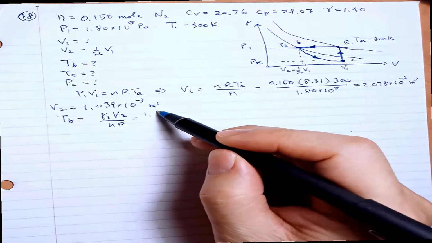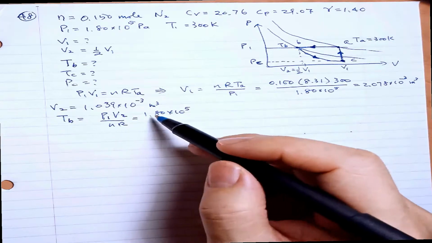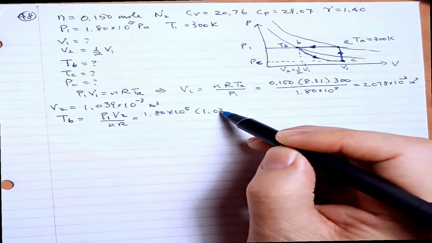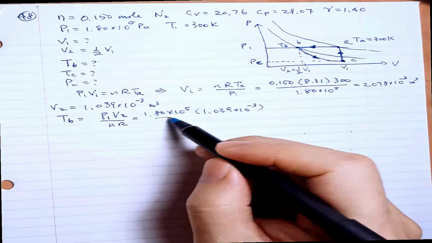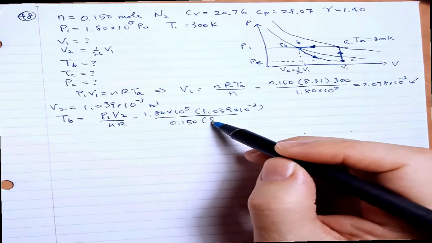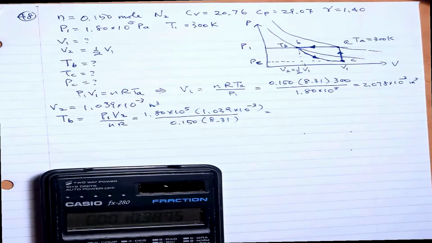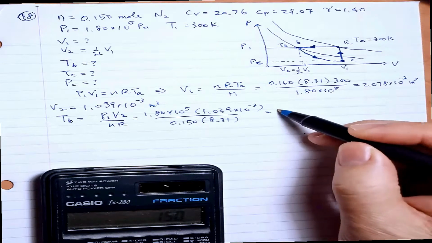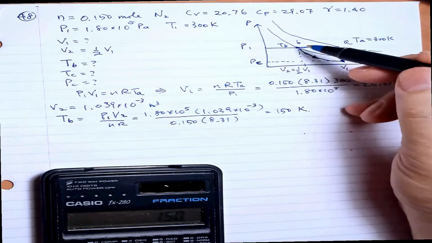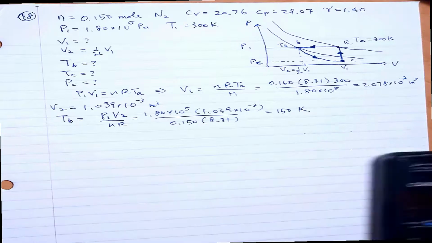P1 is still 1.80 times 10 to the 5th. Volume 2, which is this number, 1.039 times 10 to the negative 3, all divided by 0.15 mole, 8.31 for the R. So we get 1.8E5 times V2 divided by 0.15 divided by 8.31. So I get 150 Kelvin. So this TB is 150 Kelvin.